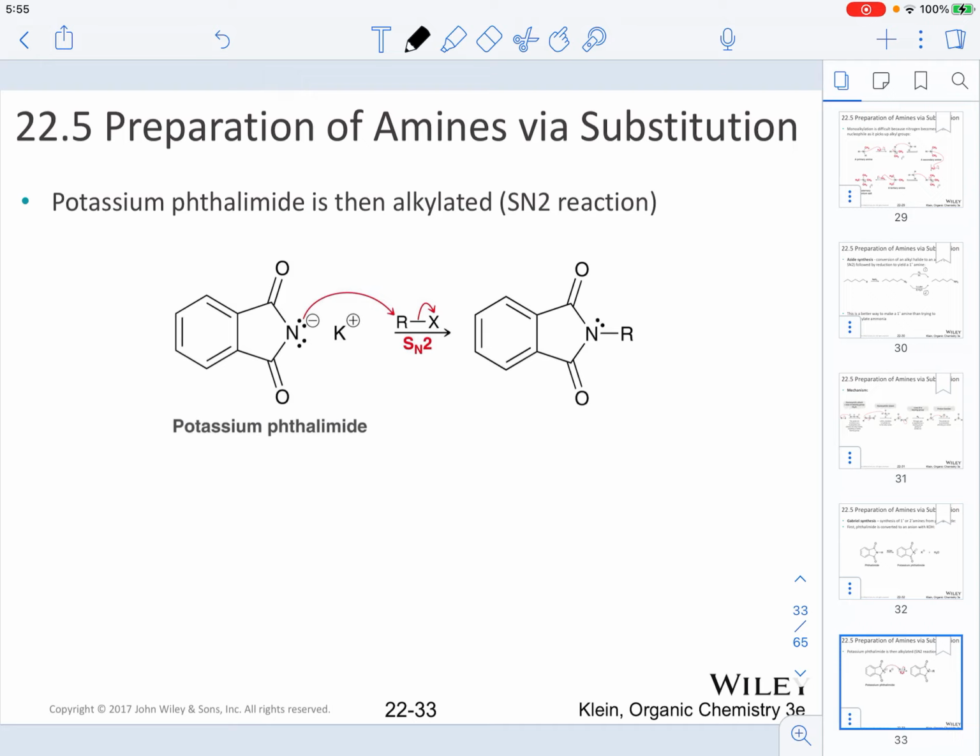Once that occurs, the ion that was created can now undergo an SN2 reaction with the alkyl halide, and the nitrogen is going to be alkylated.